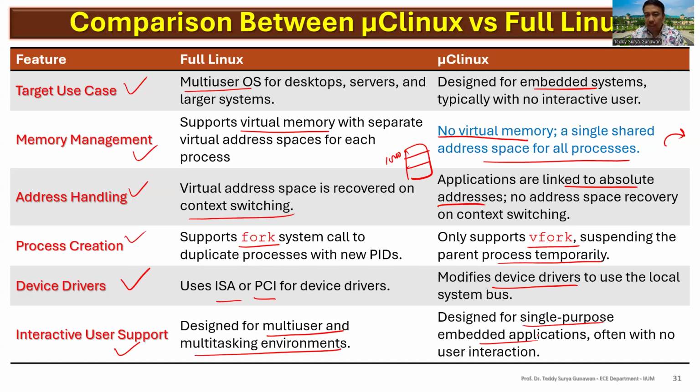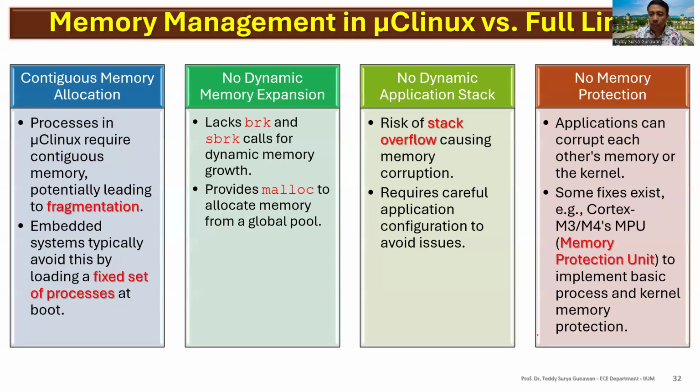Now let's look at the memory management of uClinux compared with full Linux. A process in uClinux requires contiguous memory, potentially leading to fragmentation. If you remember fragmentation, we need contiguous memory because we don't have paging and segmentation. We don't have a page table, and paging is not supported by the limited microcontroller.